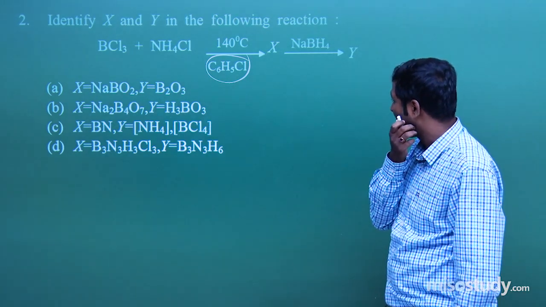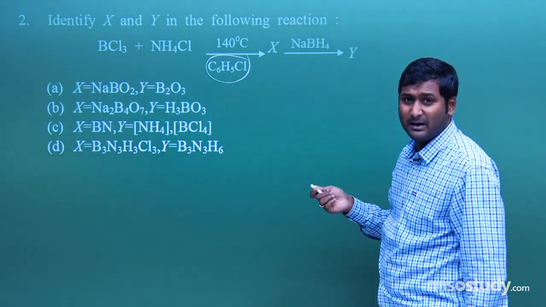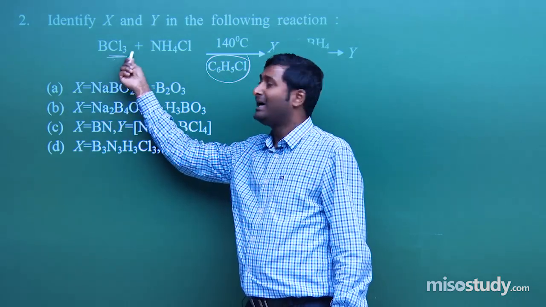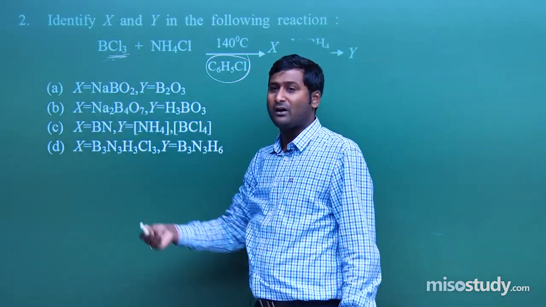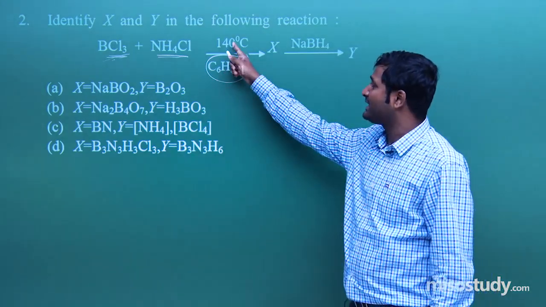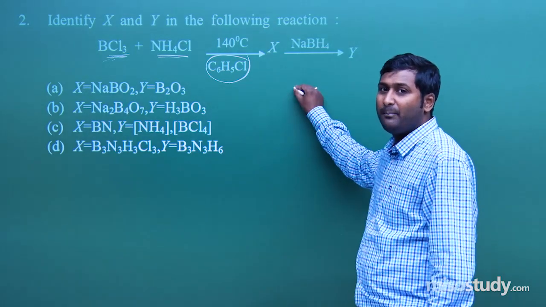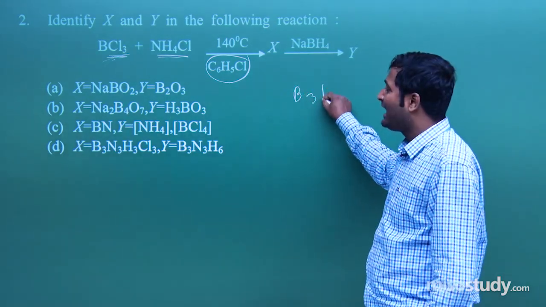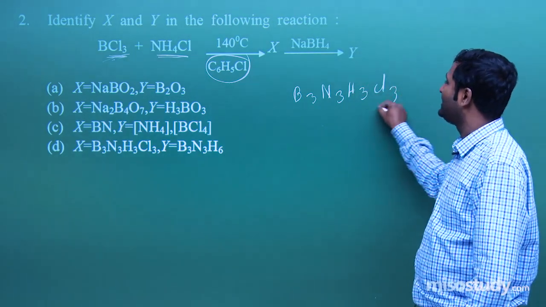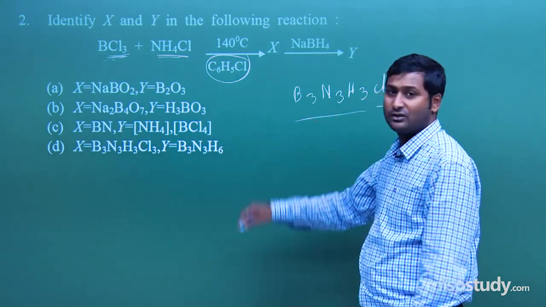That is the solvent. Remember, BCl3 is boron trichloride, a boron trihalide, when treated with ammonium chloride in the presence of chlorobenzene. It gives you B3N3H3Cl3.